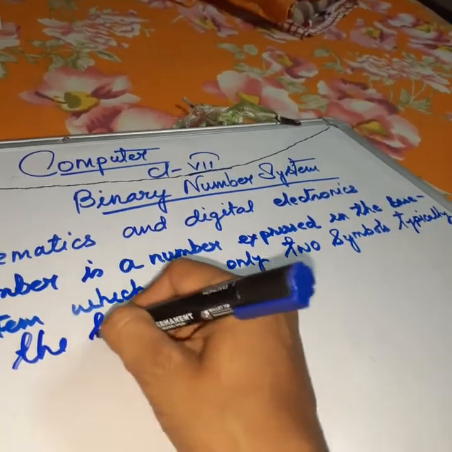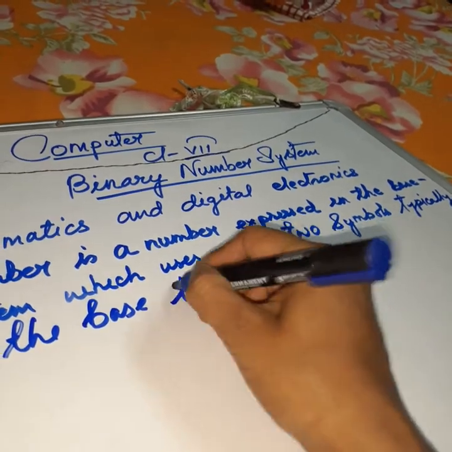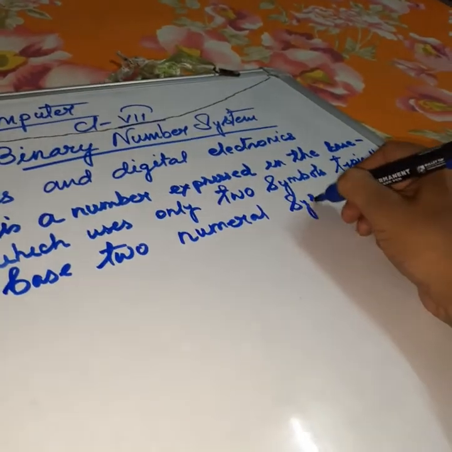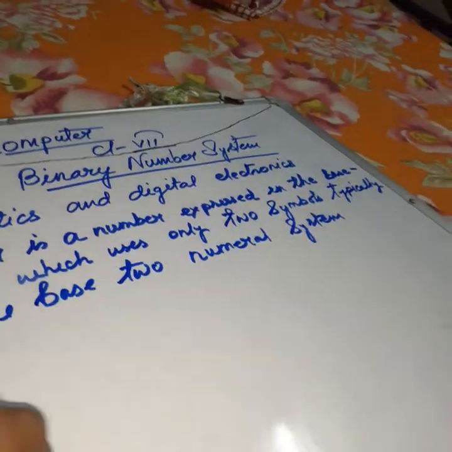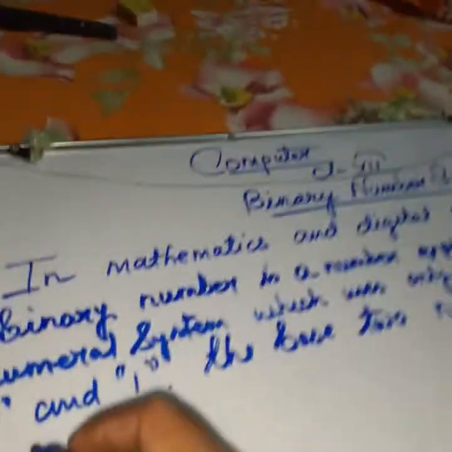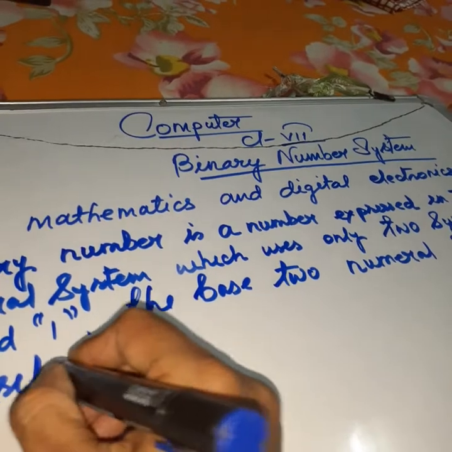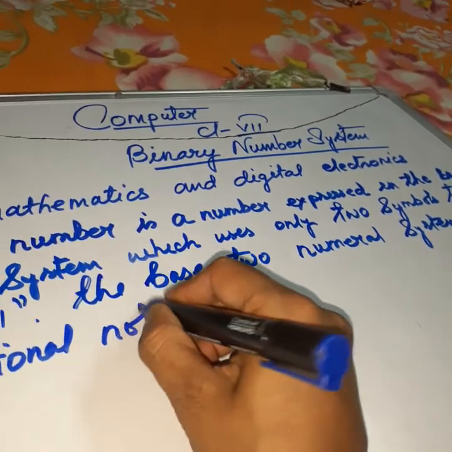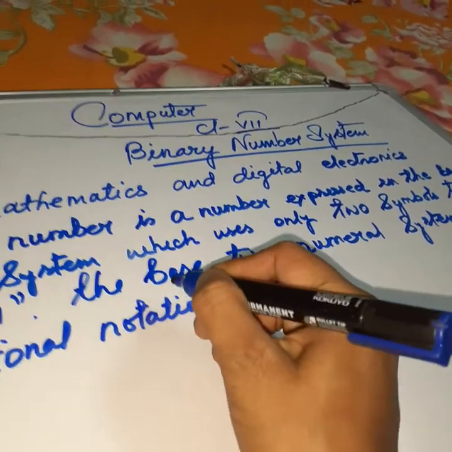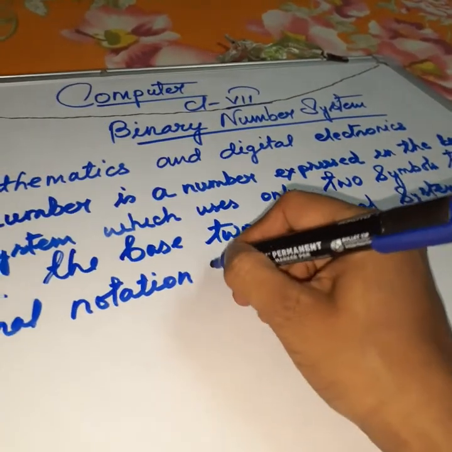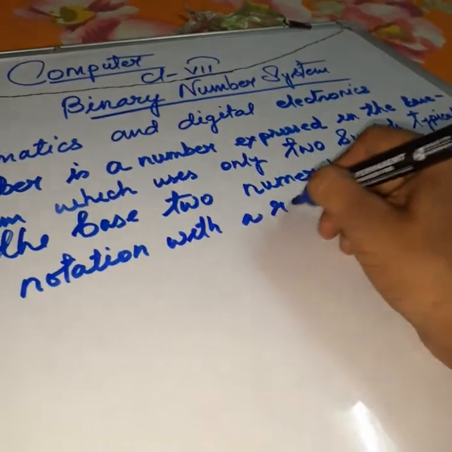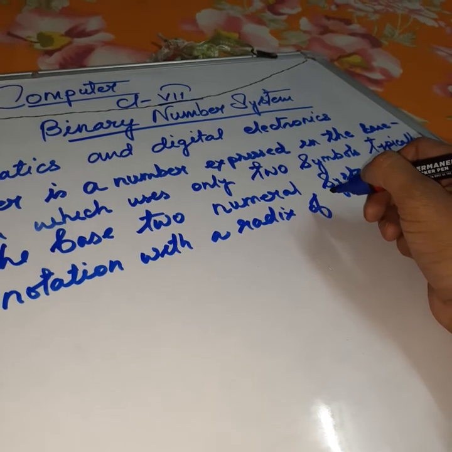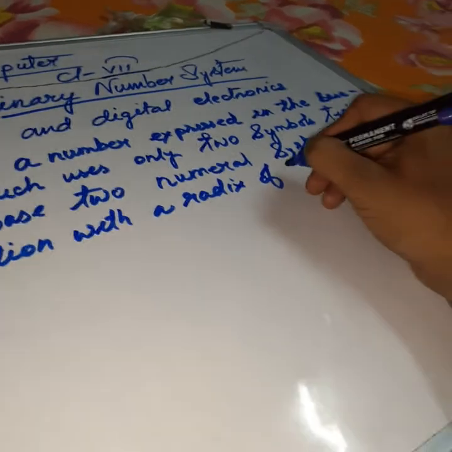The base 2 numeral system is positional notation with a radix of 2.